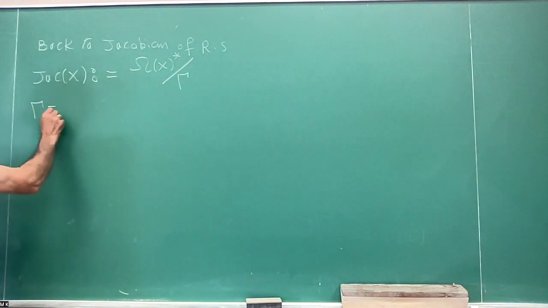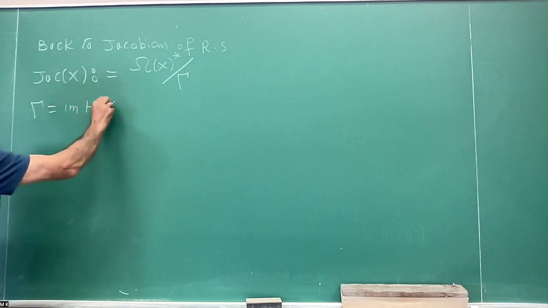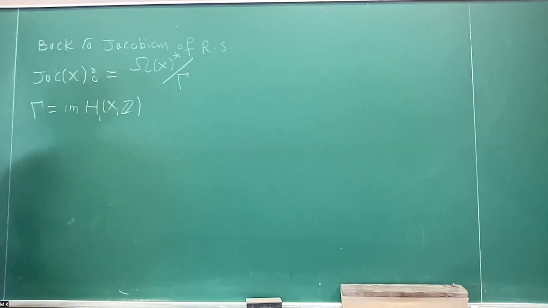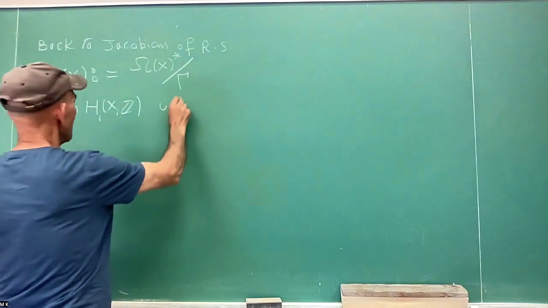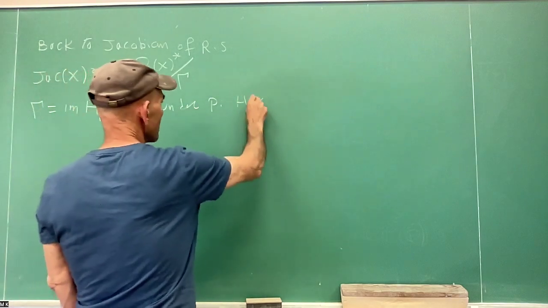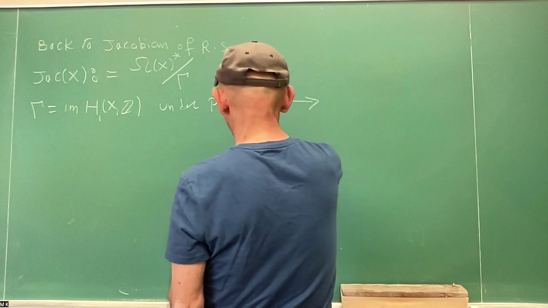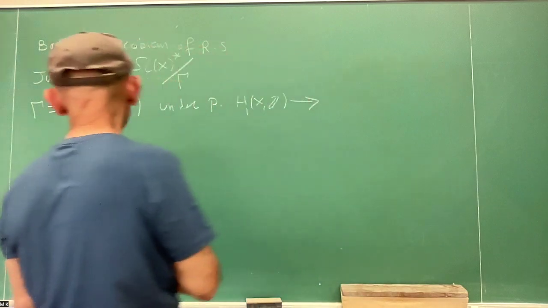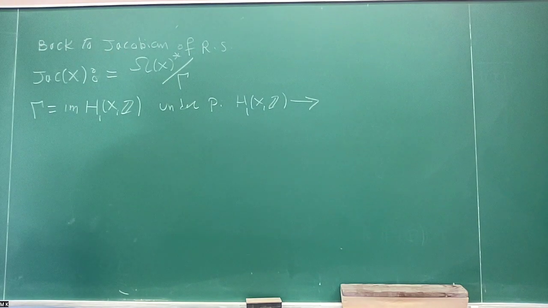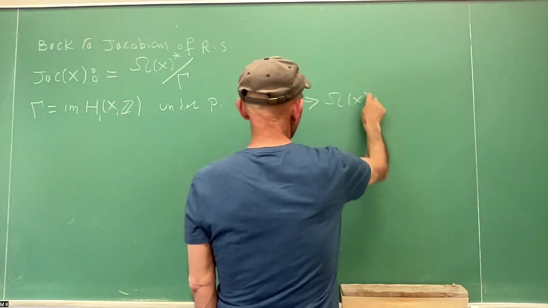where Gamma is equal to the image of H_1(X, Z), the singular homology group, under the period map P, which goes from H_1(X, Z) into Omega_X star.